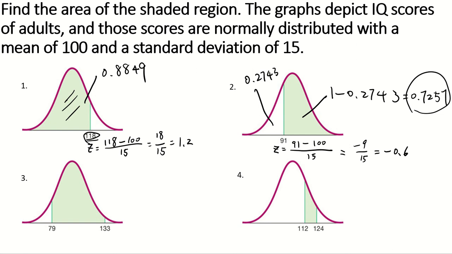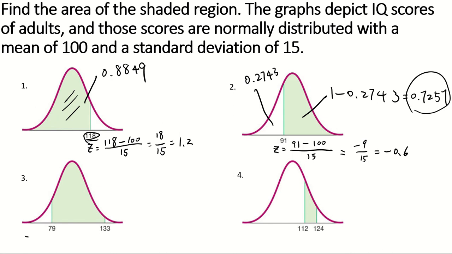Now let's look at number 3. Number 3 wants to know the percentage of adults with IQ greater than 79 and less than 133. First we have to find the z-score of both values if you want to calculate this by hand.